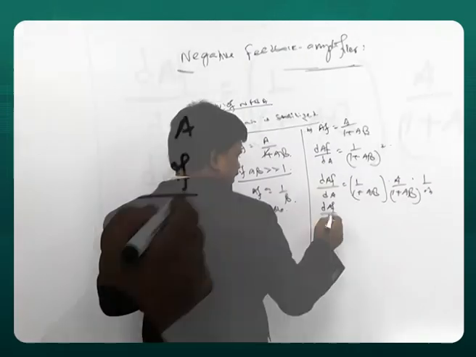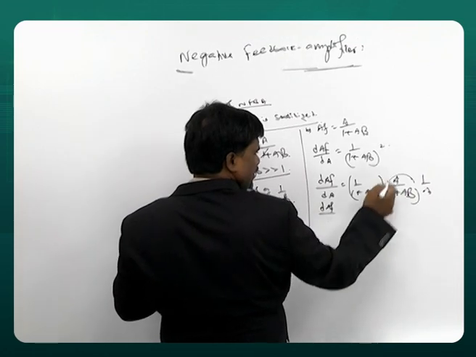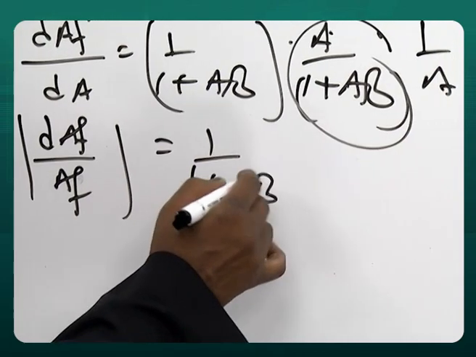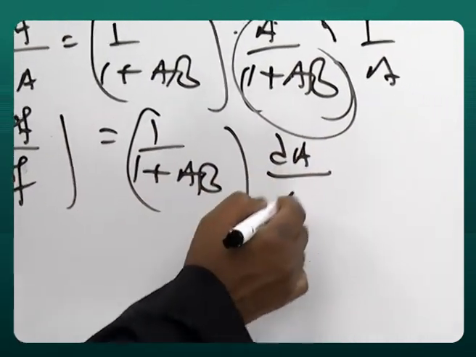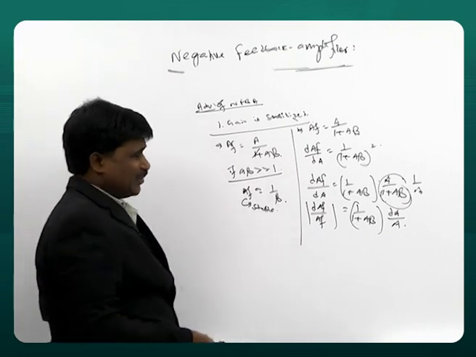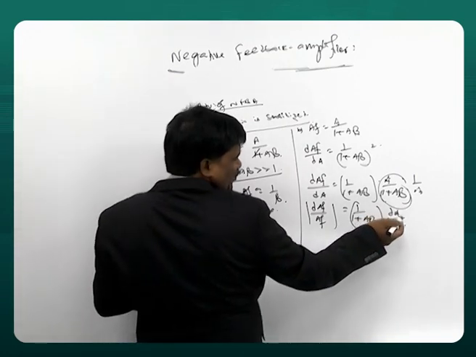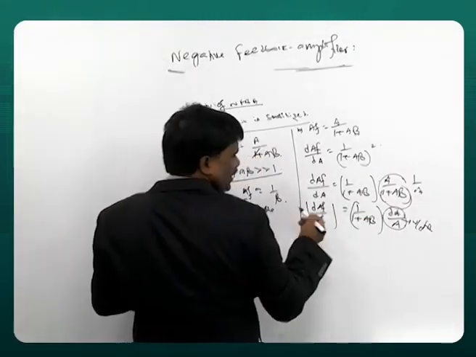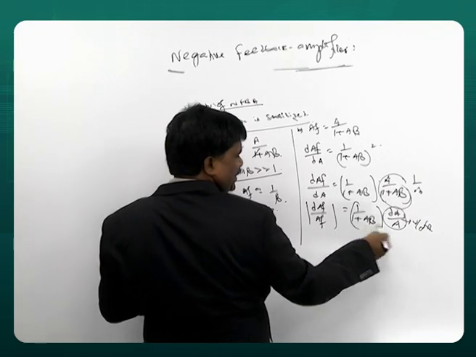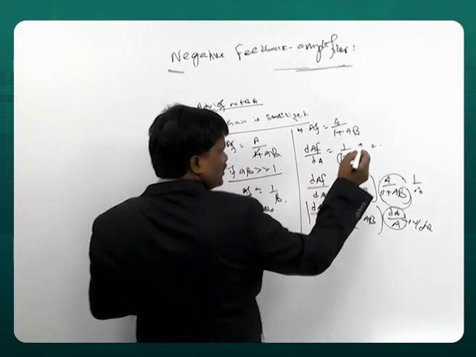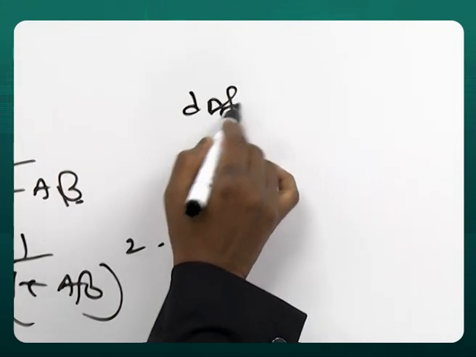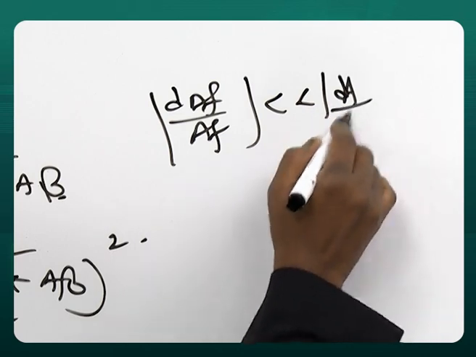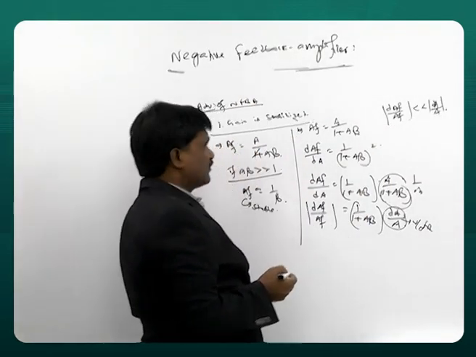So DAF by AF is equal to 1 by 1 plus A beta into dA by A. What happened? This is without feedback. This is with feedback. With feedback it became smaller. So DAF by AF is far less than dA by A. That's the first thing.